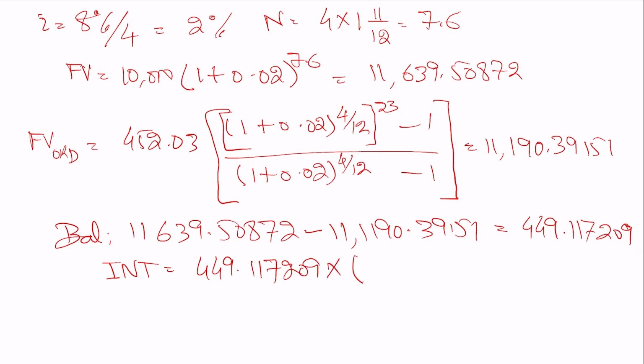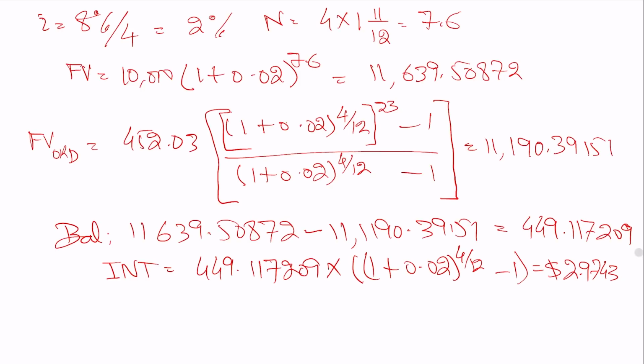into 1 plus 0.02 exponent 4 by 12 minus 1, which is $2.974372. So this is the PMT.